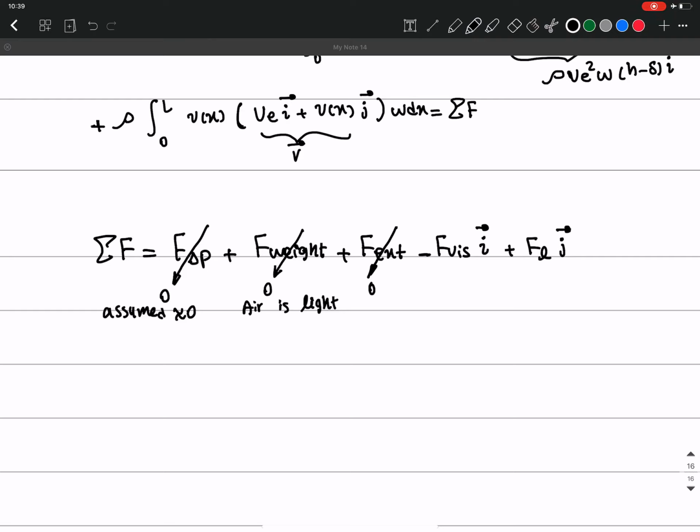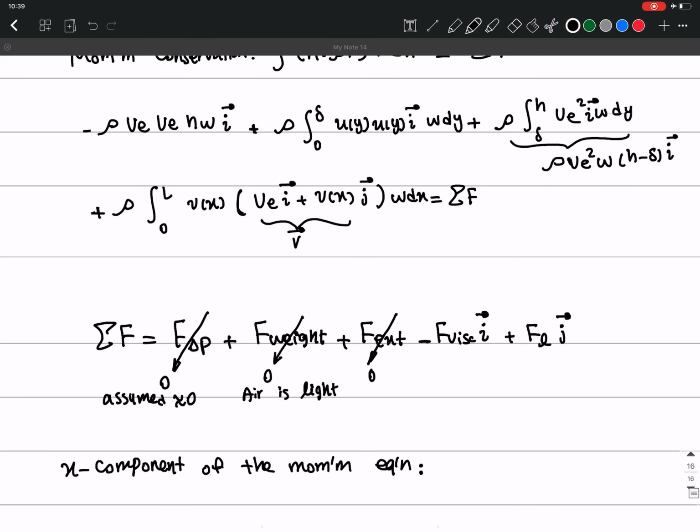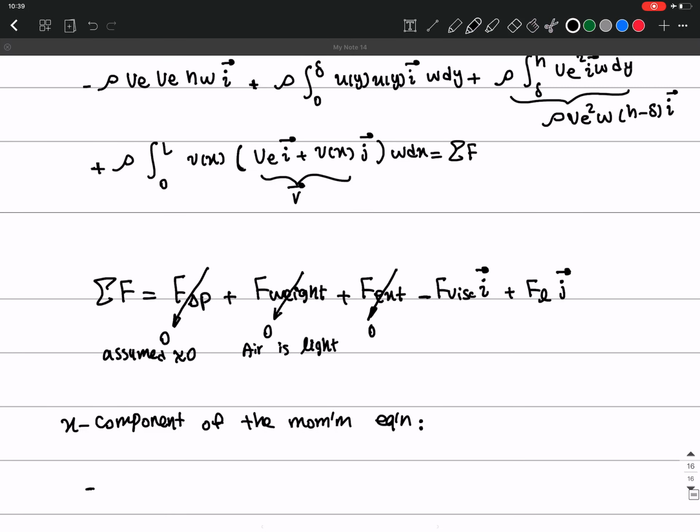So I'm going to write the x component of the momentum equation. And the reason is we have what we want in the x direction, which is F viscosity. So if we write the x component of the momentum equation, the first term is minus rho UE square.